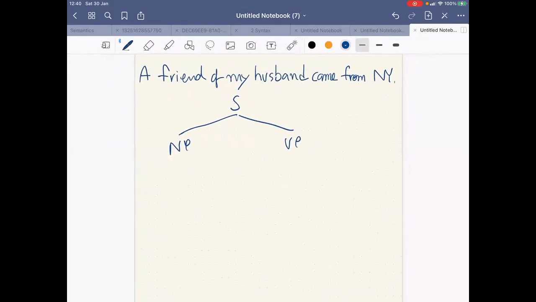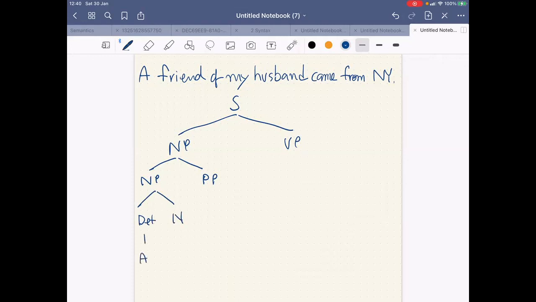The NP would be divided into NP and PP, and then the NP would be divided into two branches for the determiner and the N, friend. Of my husband, we will have P for of and NP for my husband.